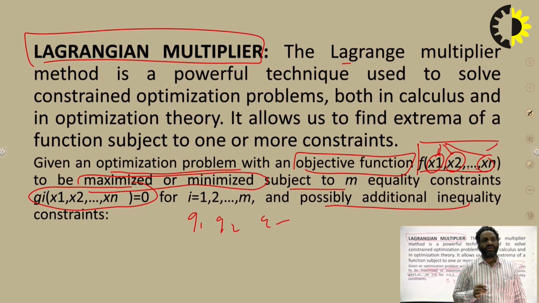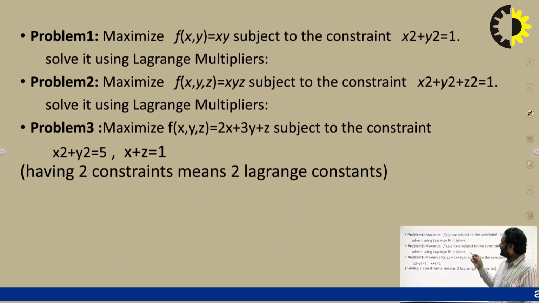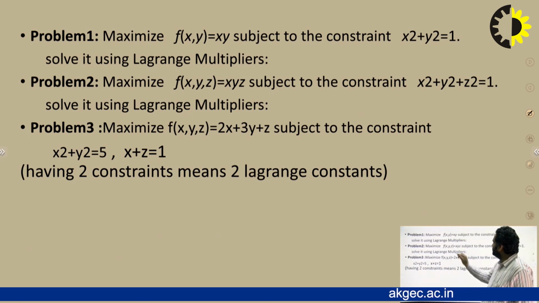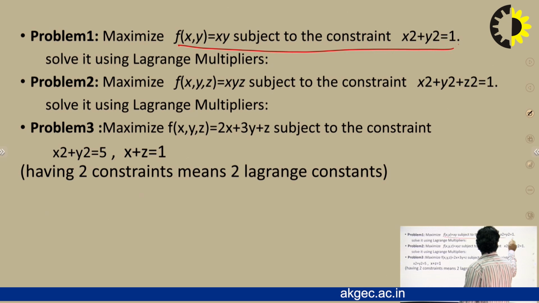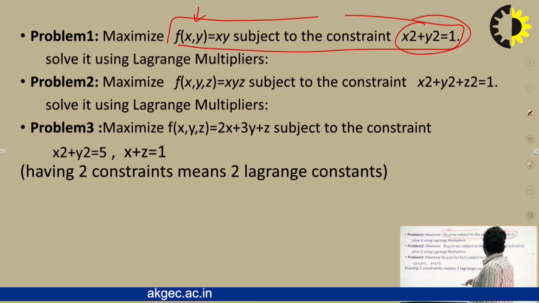They may be equality or non-equality constraints. So there are a number of problems that can be solved by using the Lagrangian multiplier method. First, we have a given function f(x,y) and we have one constraint, that is x squared plus y squared equals 1.